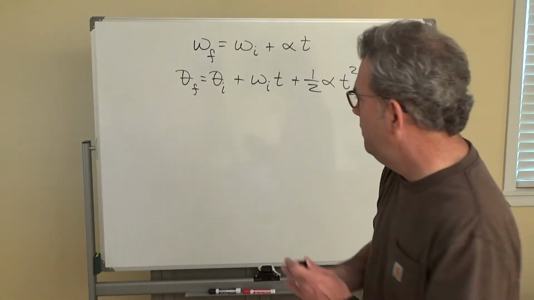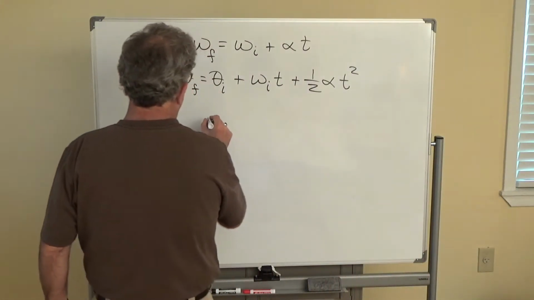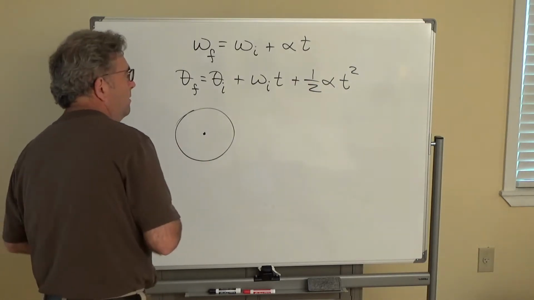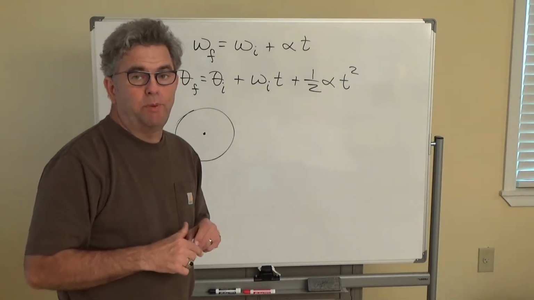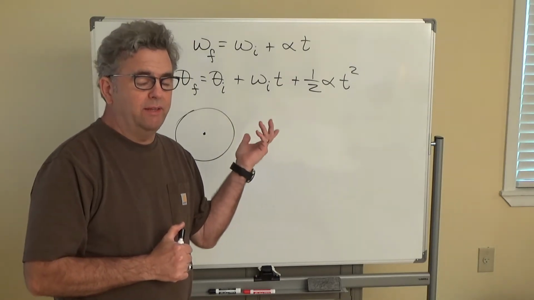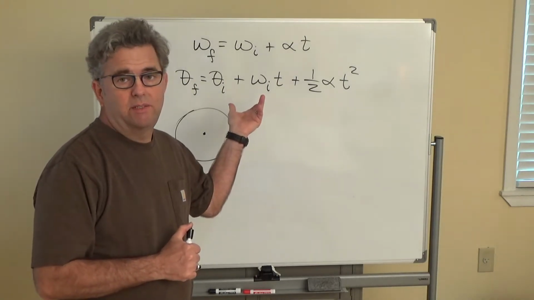Here's the way we typically define the vector. The angular displacement is a vector, the angular acceleration is a vector, and the angular velocity is a vector.